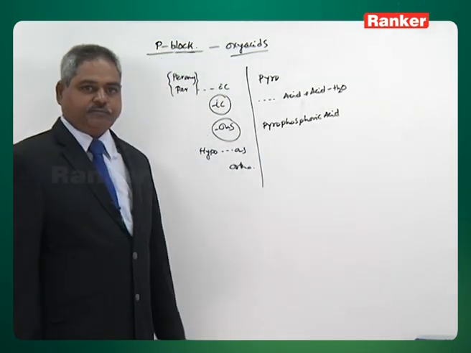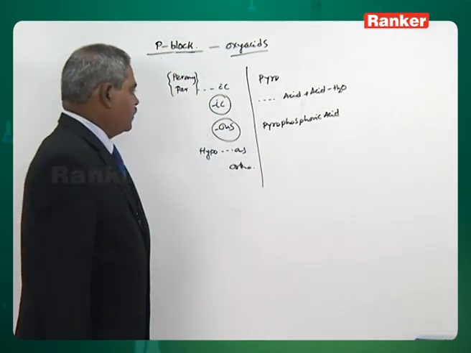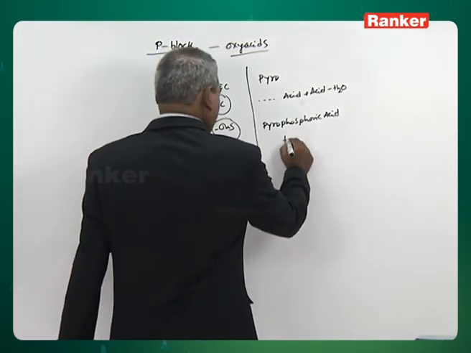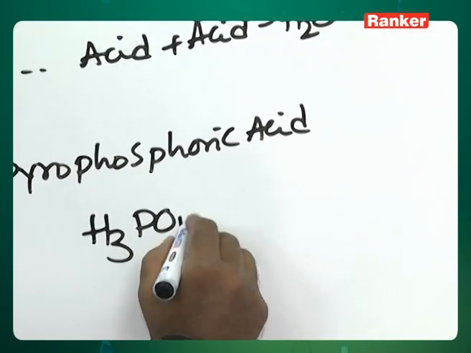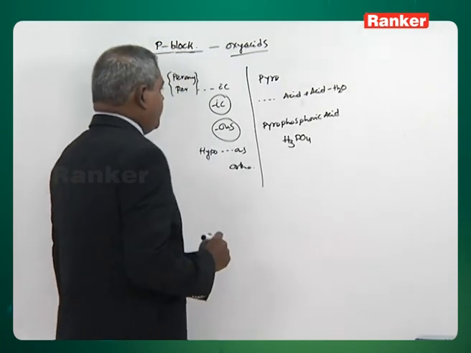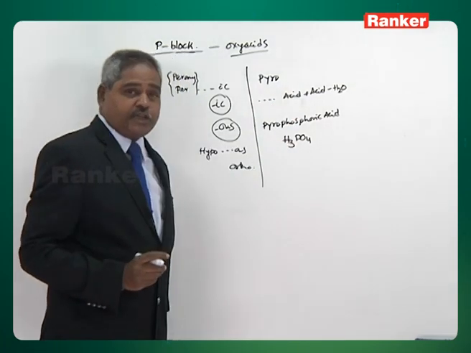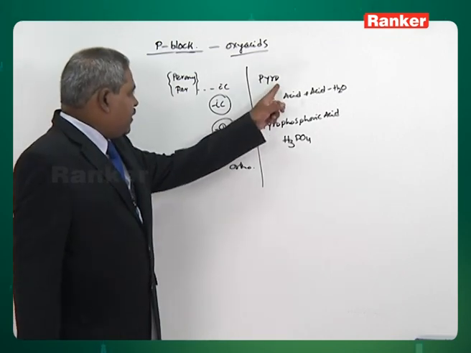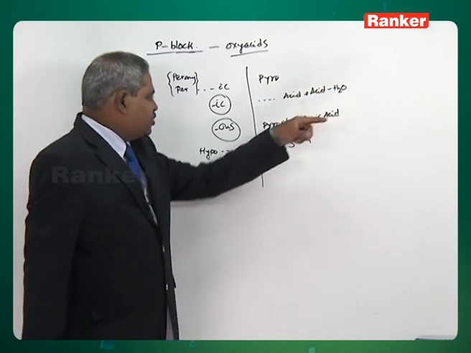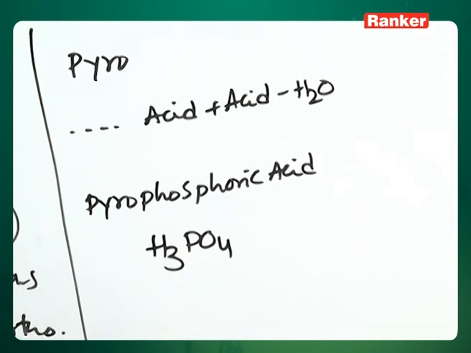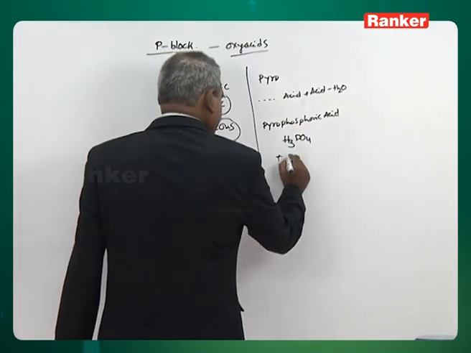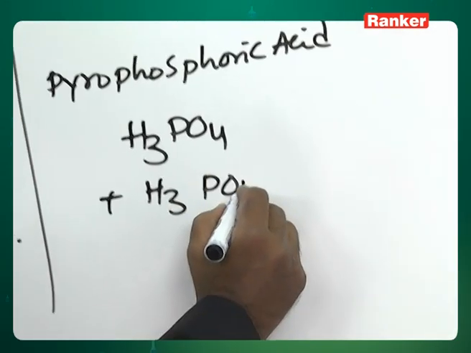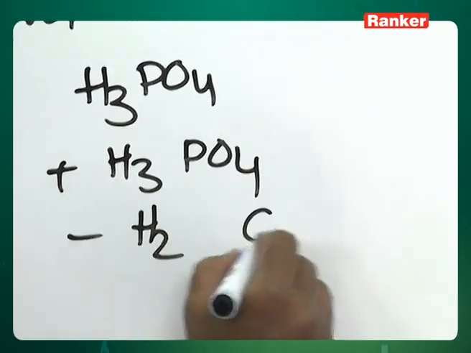What do you mean by pyro? Acid plus acid. Which acid? You have to take two acids, the same. Pyro means acid plus acid minus H2O. Pyrophosphoric means you take two phosphoric acid, H3PO4 plus H3PO4 minus H2O.